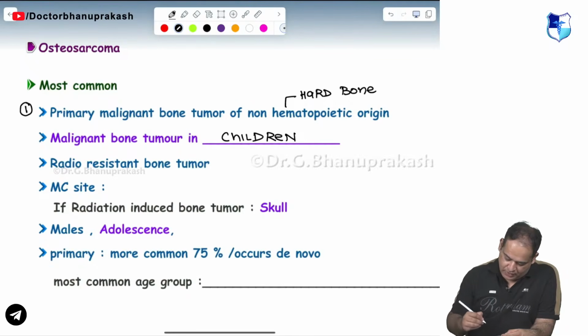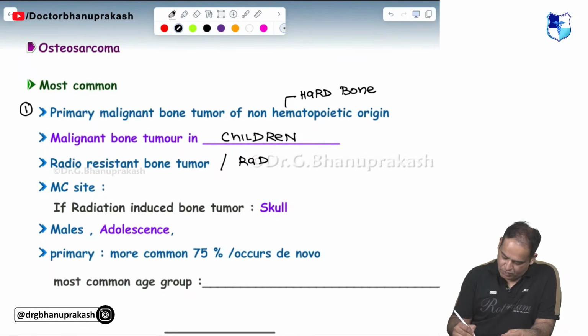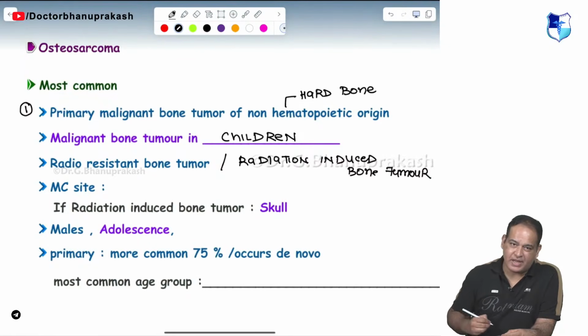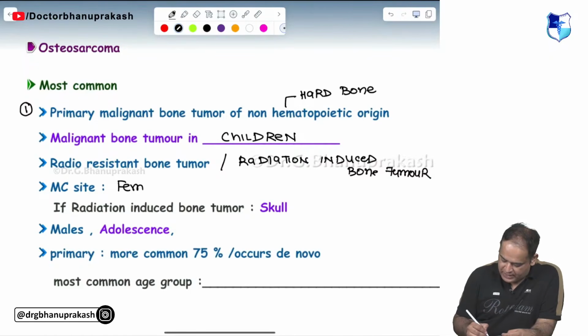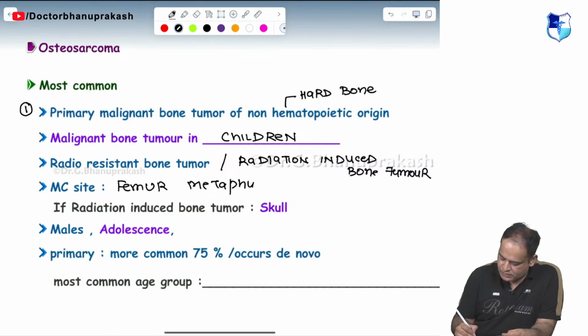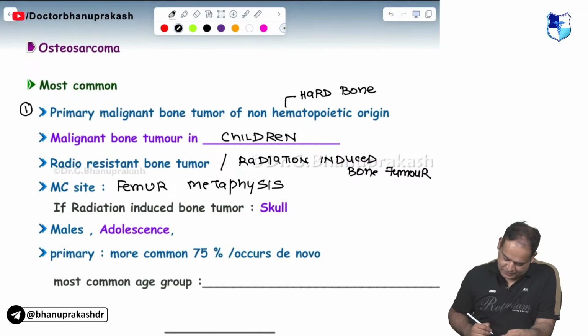Most common radio-resistant bone tumor, because it is most common radiation-induced bone ट्यूमर. तो जो बना ही रेडिएशन से है, रेडिएशन क्या मार लेगी उसको, राइट? मोस्ट कॉमन साइट इज फीमर metaphysis.